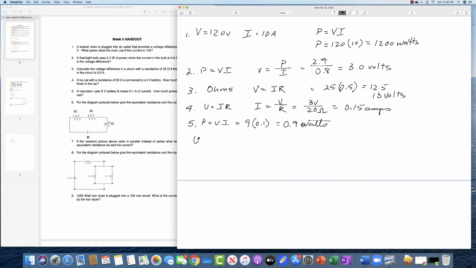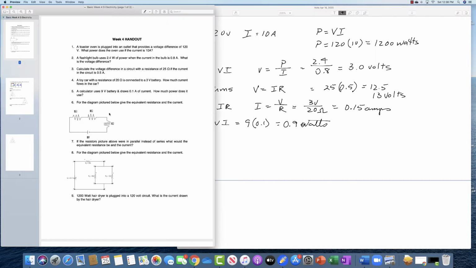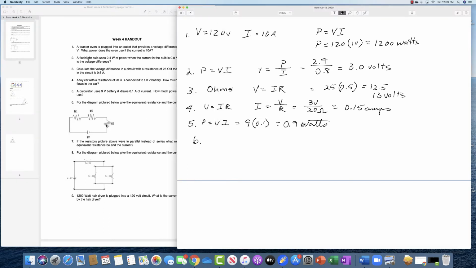Number 6. For the diagram pictured, give the equivalent resistance and current. Okay. Now, if you look at this diagram, remember there are 2 kinds of circuits. There are series circuits and there are parallel circuits. Well, actually 3 kinds, because you can mix these as we do in this one here.